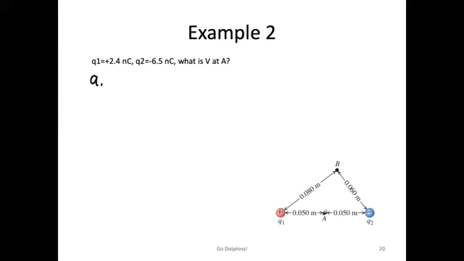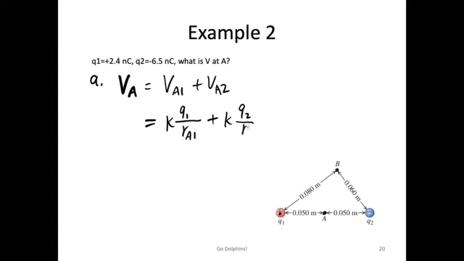So V at A would be equal to the V created by Q1 at A and the V created by Q2 at A. V created by Q1 at A is K Q1 over RA1, which is the distance from A to Q1.